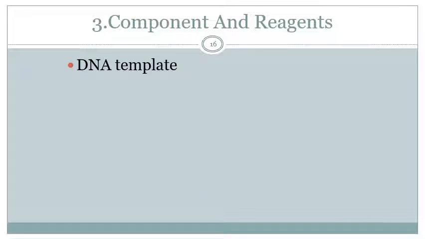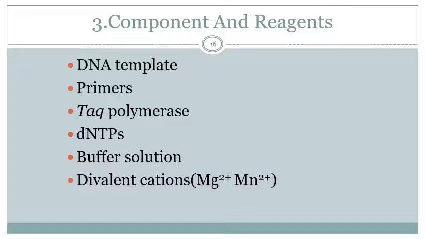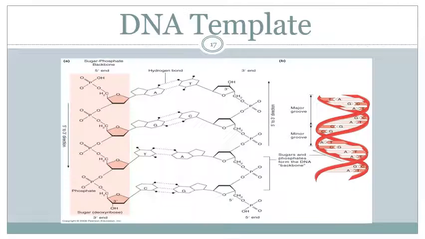The components and reagents are the DNA template, primers, Taq polymerase, dNTPs, buffer solution, divalent cations in the form of magnesium ions or manganese ions, and monovalent cations such as potassium ions. DNA template: you know this is a picture of DNA in which we can see the DNA backbone.